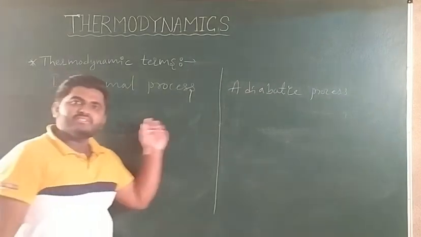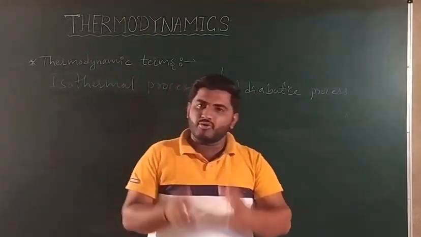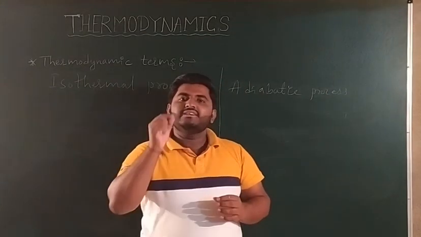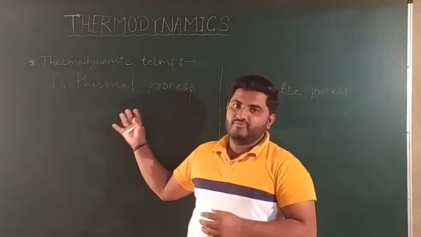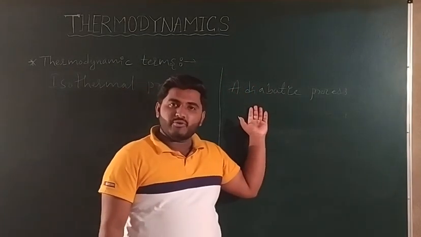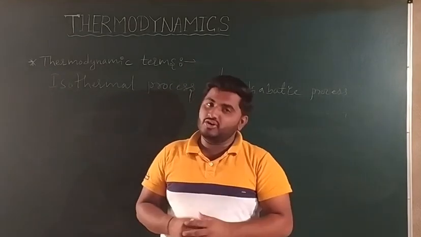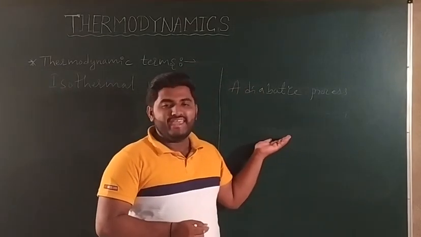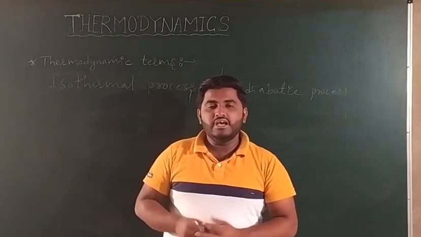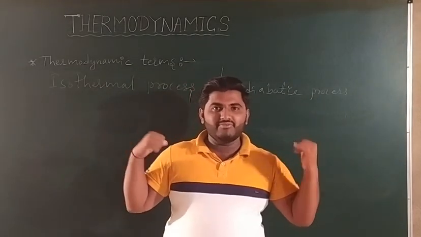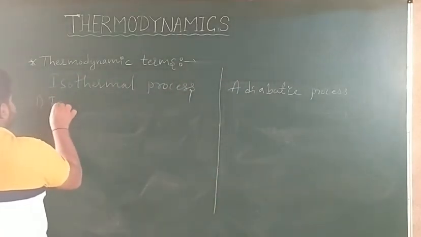Okay, what are the differences between these two? You know already, an isothermal process is a process where temperature remains constant. Change in temperature is zero here. An adiabatic process is a process in which heat is constant. So change in heat is zero here. Can you quote a difference now? What are the differences between these two? Here temperature is constant.